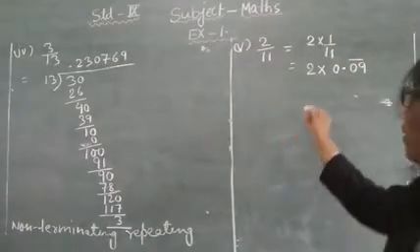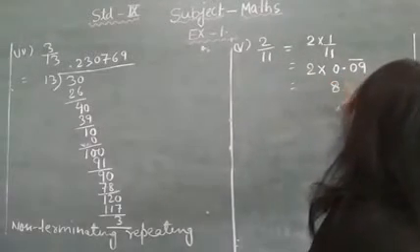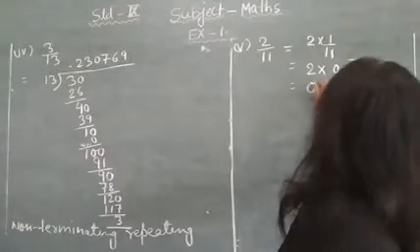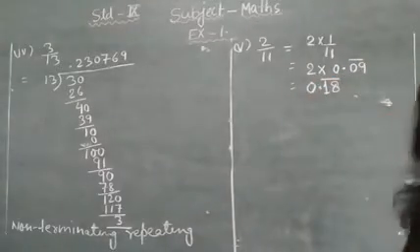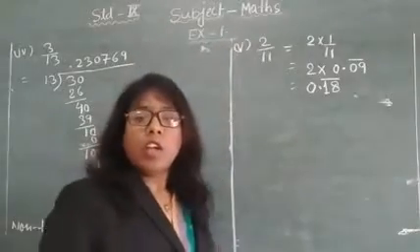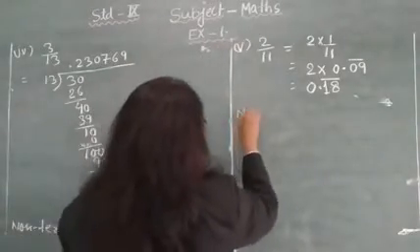So simply multiply it. 2 nines are 18, 8 and 1 carry, 2 zeros are 0 and 1. So here 0.18. So 2/11 will be 0.1818... Again, this is a non-terminating and repeating number.